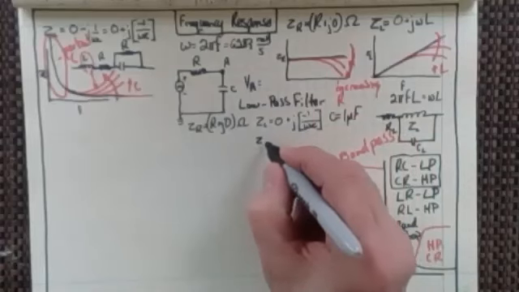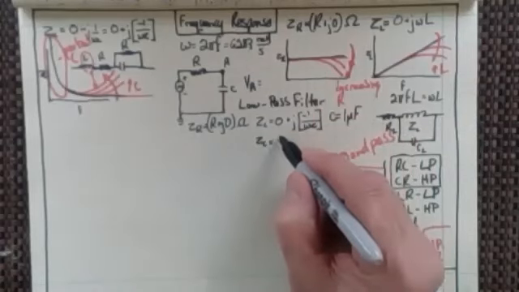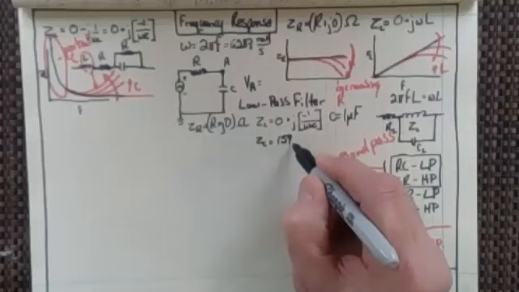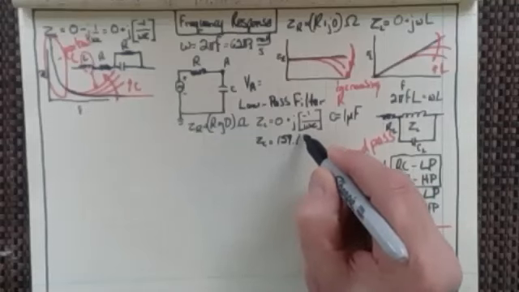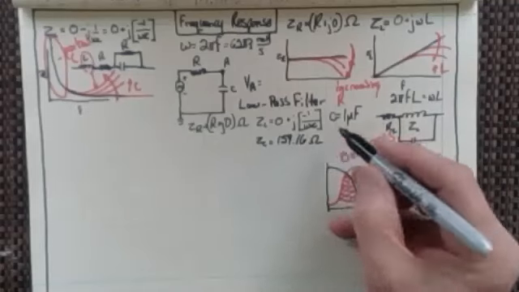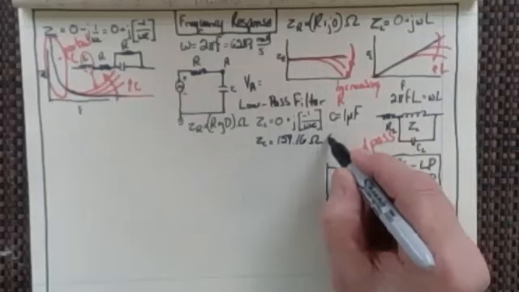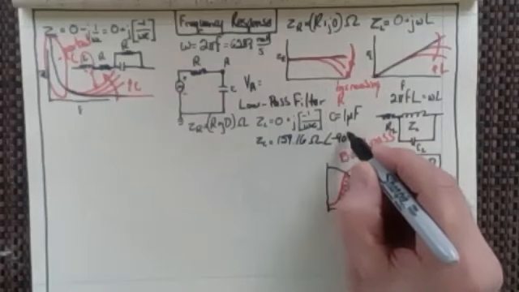So my impedance for my capacitor is 159.16 ohms at an angle of minus 90 degrees.